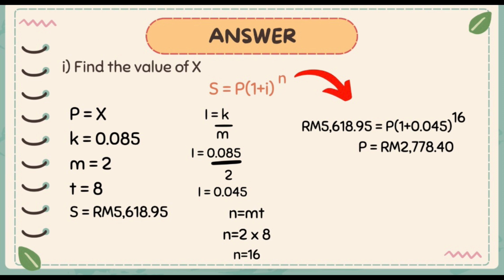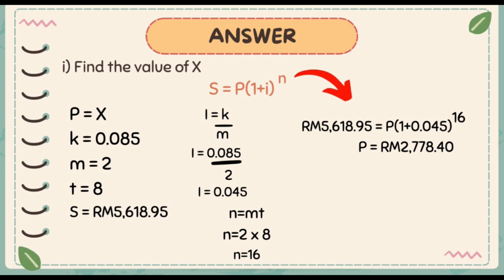In this question, we will use the future value, but we will find the present value, which is P. The input is P equals X, I equals 0.085 over 2, which is 0.045, N equals 2 times 8, which is 16, and S equals 5,618.94.